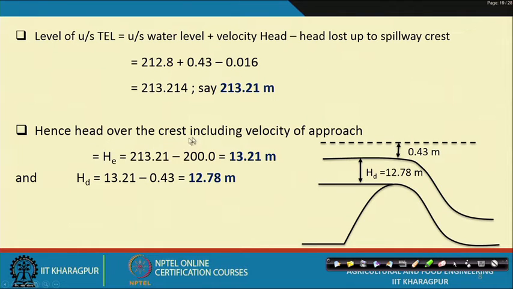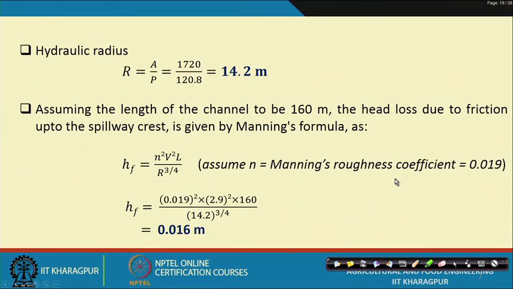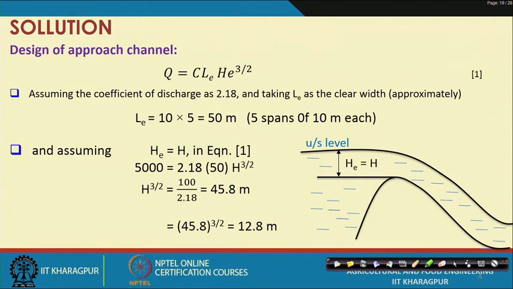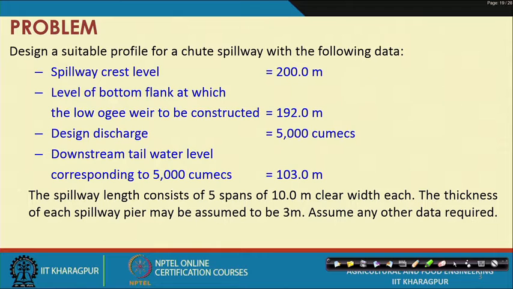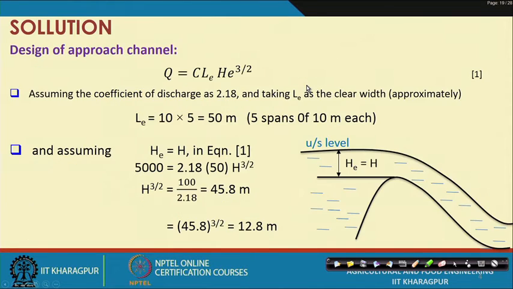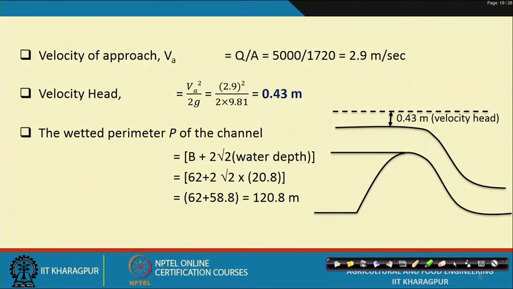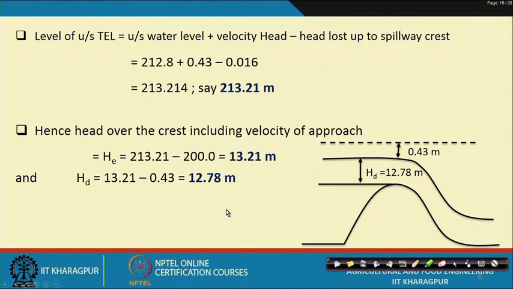Hence, the head over the crest including the velocity of approach is 213.2 minus 200 meter, which is given in the problem, that is the spillway crest level, if you remember. So, this comes out to be HE as 13.21 meter.